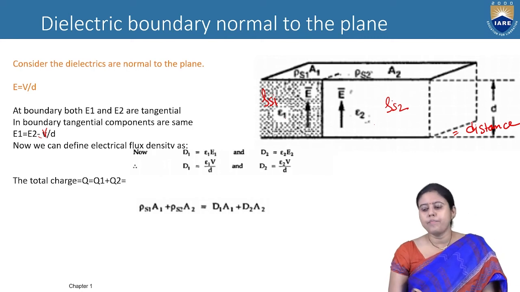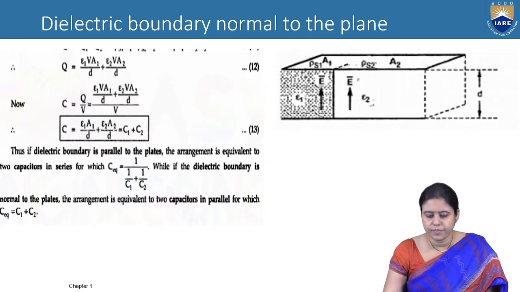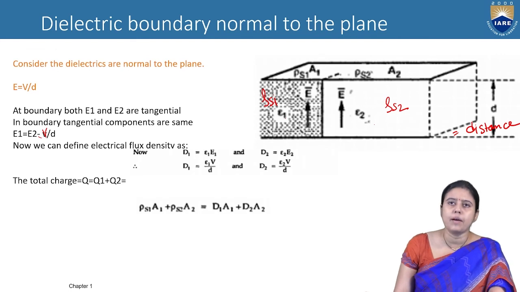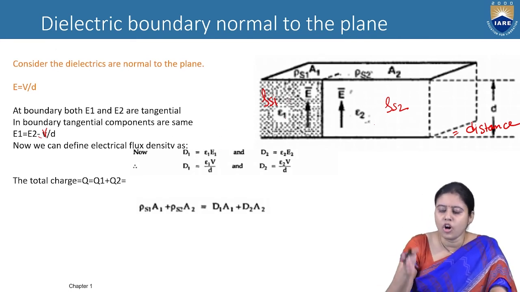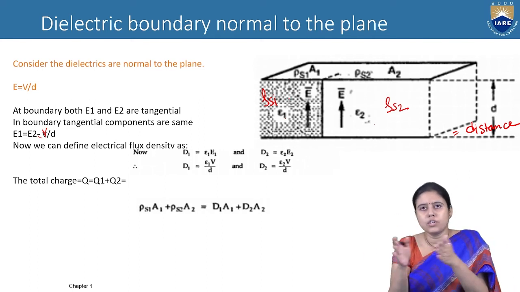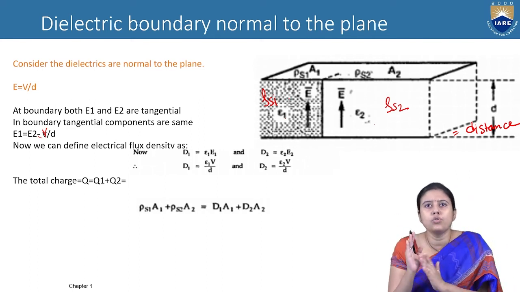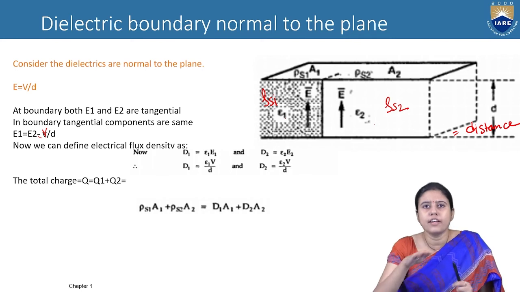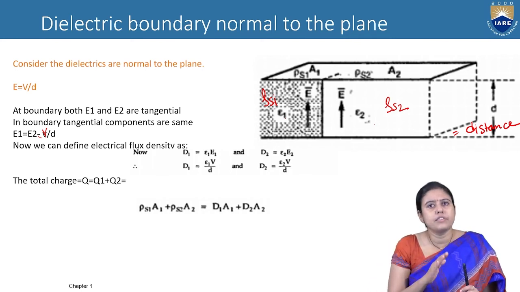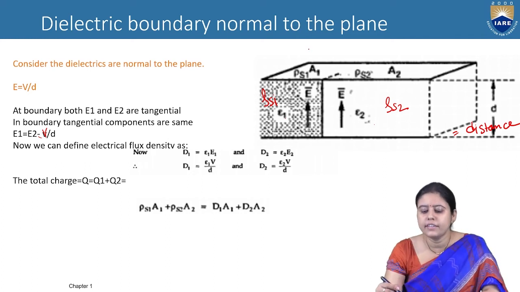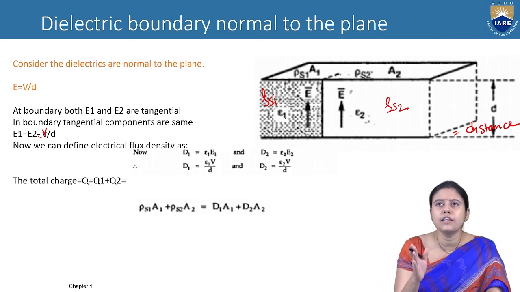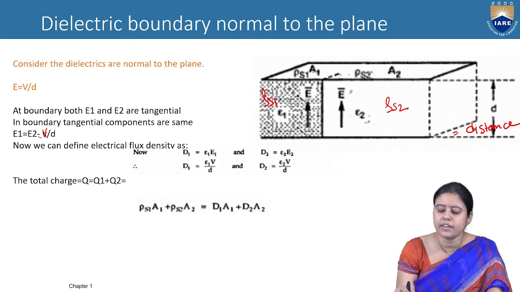And as the dielectric boundary is normal to the plates, it divides the total cross-sectional area into two parts. In the before case, all slabs had the same cross-sectional area. But in this case, the slabs divide the total surface area into two parts: one is A1, another one is A2.